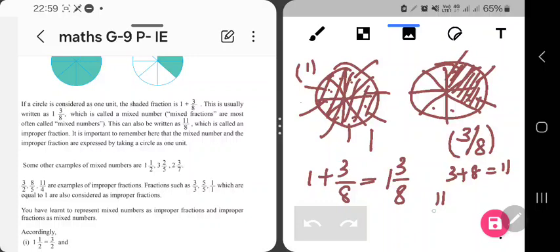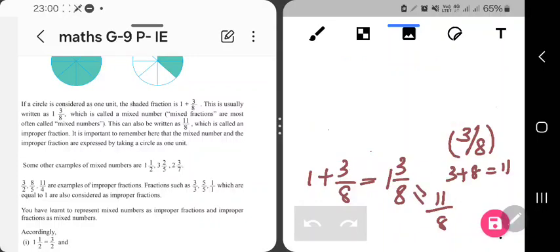So 11 pieces out of 8 in one unit are shaded. So basically these two become equal. We can write 1 and 3 over 8 as 11 over 8 as well.